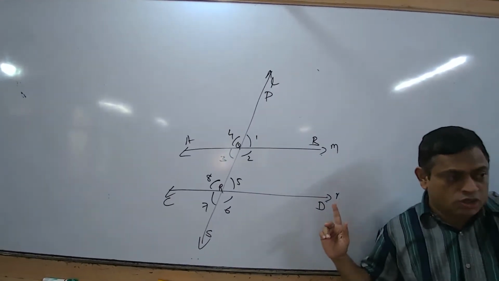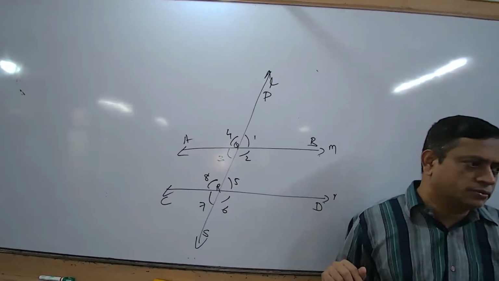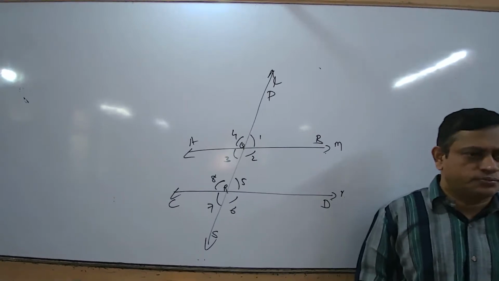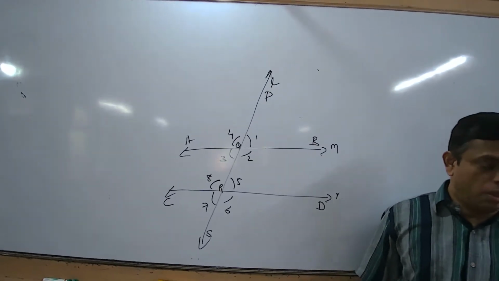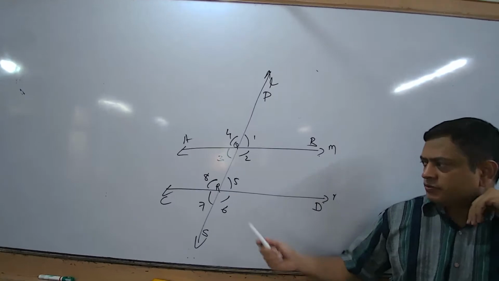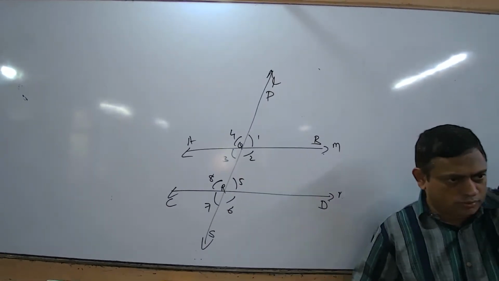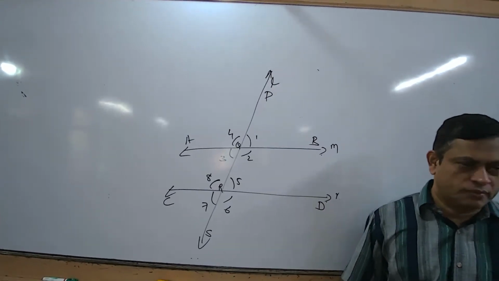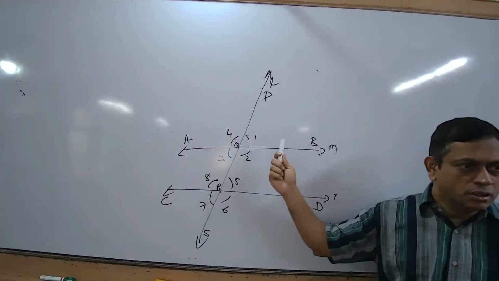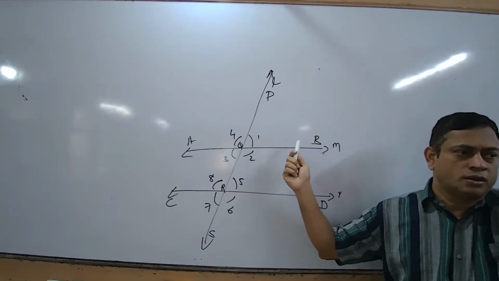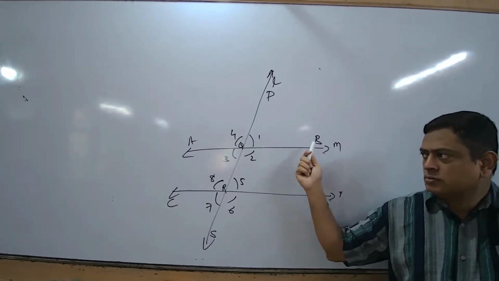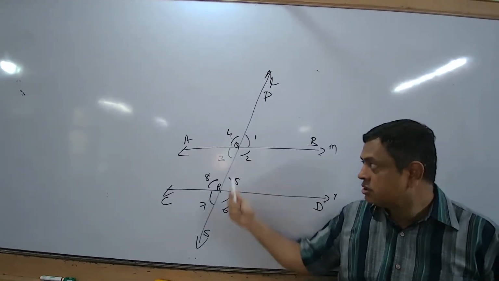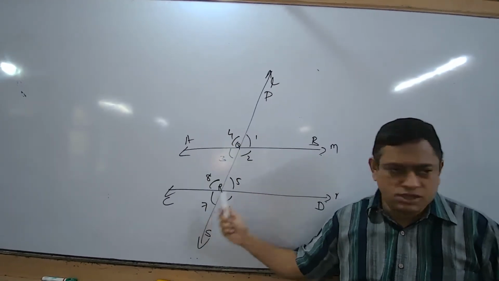Are you followed? Do you know which are corresponding angles over here? 3 and 5 are corresponding angles? Wrong. 1 and 5, 2 and 6, 4 and 8, 3 and 7.